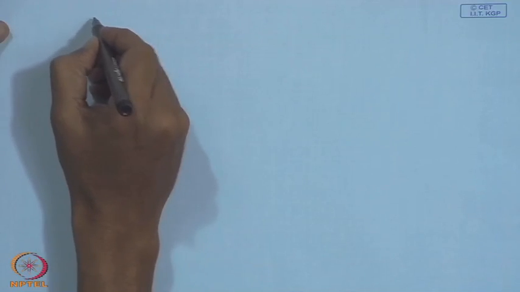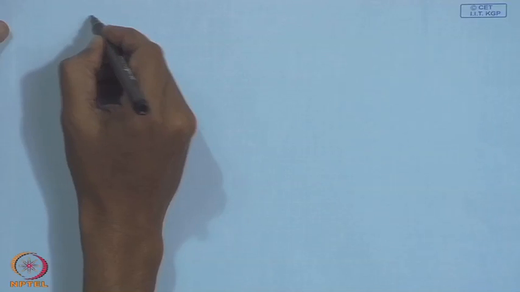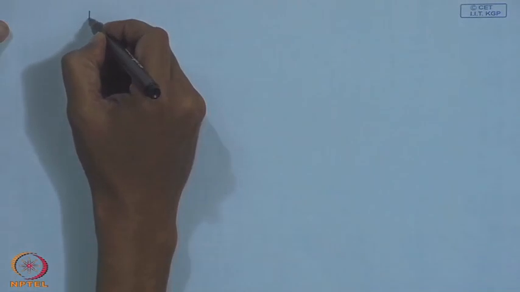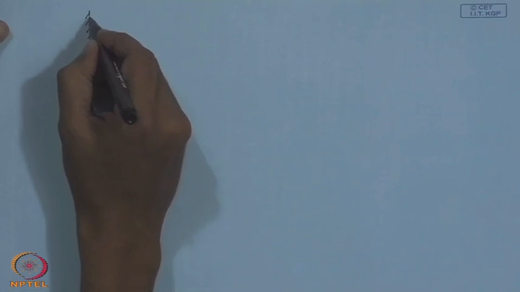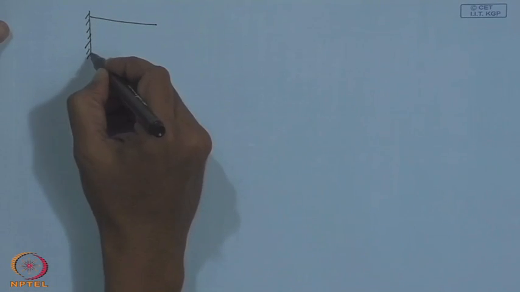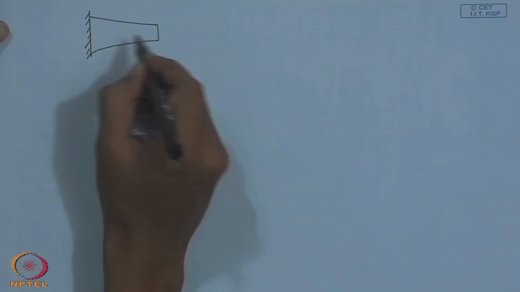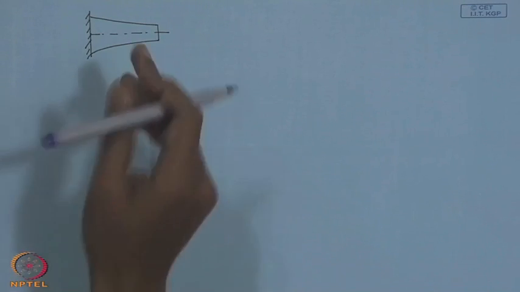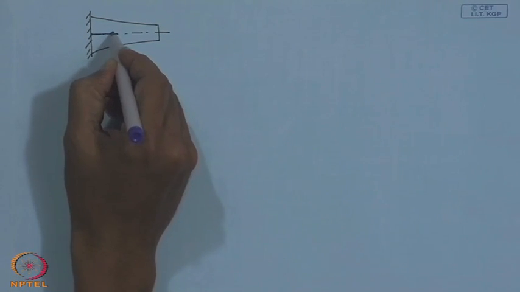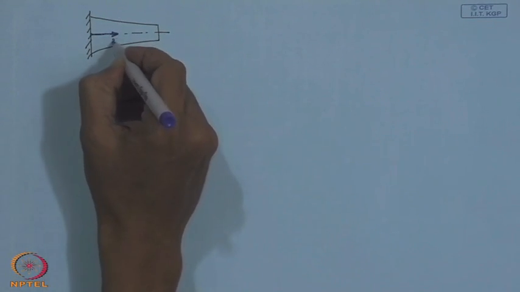So, let us start by revisiting the modal analysis problem. In our last lecture we had discussed the problem of a bar with varying cross section.